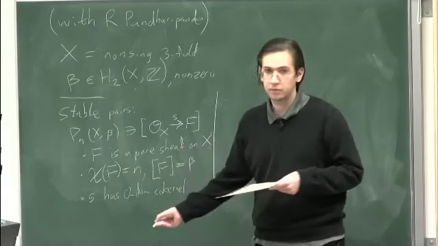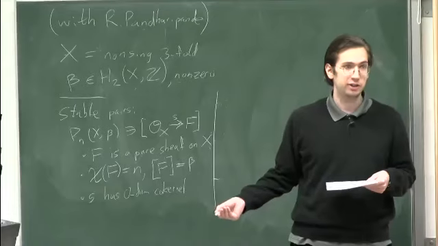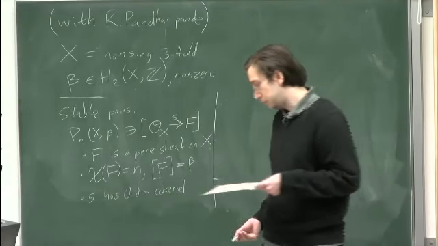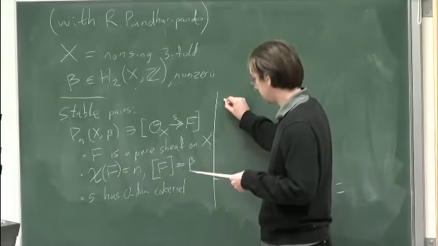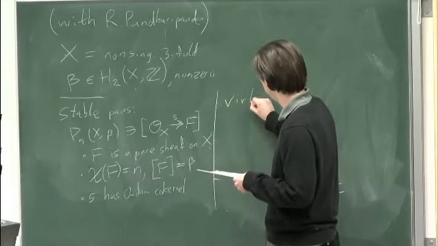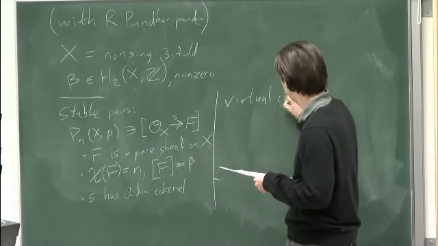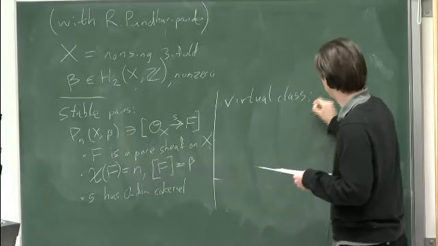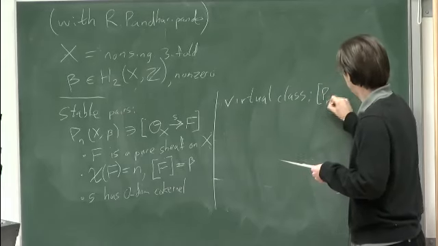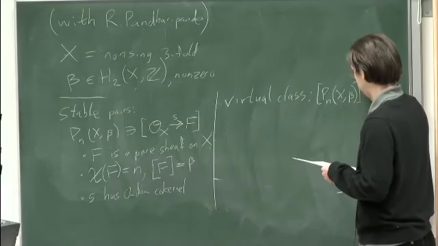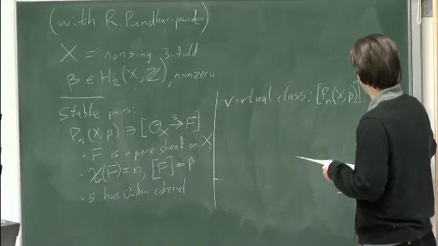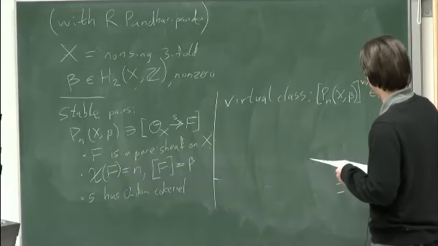So the moduli space of stable pairs has a perfect obstruction theory, and you can get a virtual class that satisfies all the properties you usually want. This is just some cycle in the Chow ring.